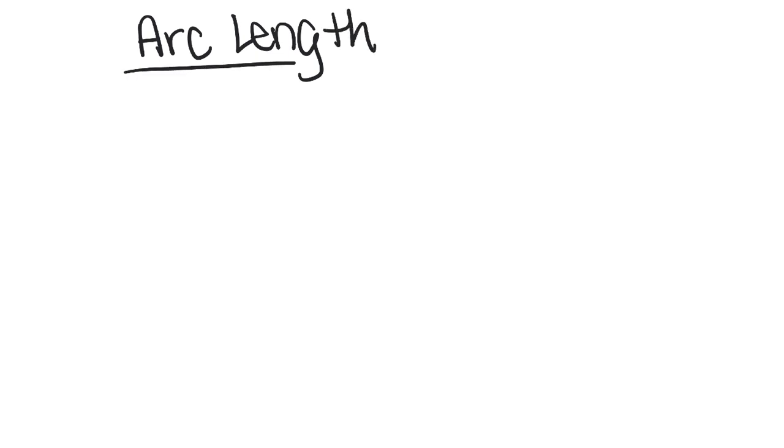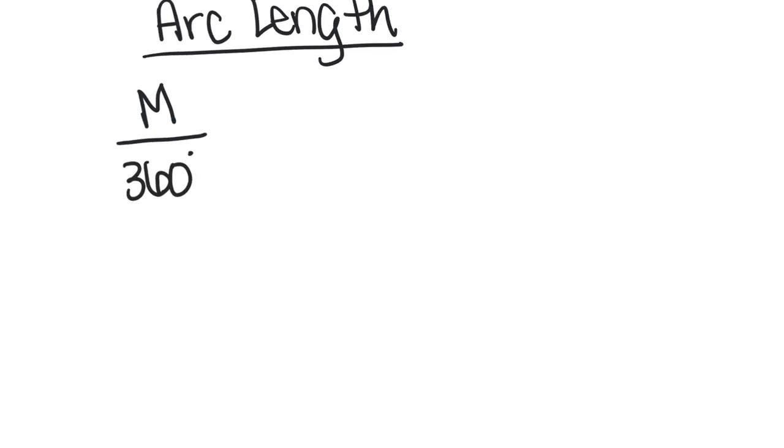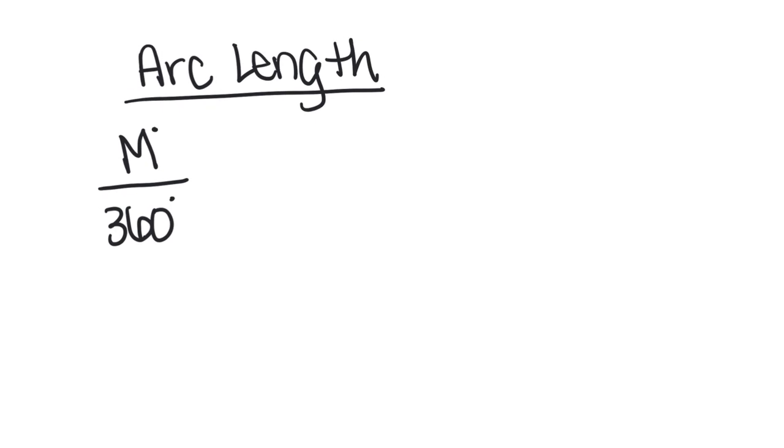Okay, so to summarize, before I give you a problem to do on your own, if you're doing arc length, you're always doing your measure out of 360. So remember, degrees compares to degrees. And that should equal your length over 2 pi r.